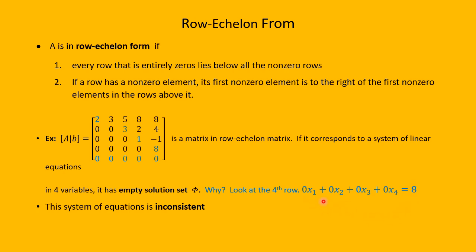There are no values of x1 through x4 that satisfy this equation, and that means that there are no values of x1 through x4 that simultaneously satisfy these 5 equations. Since there is no solution to the system of equations in this case, we would say that this system of equations is inconsistent. Inconsistent means has an empty solution set.